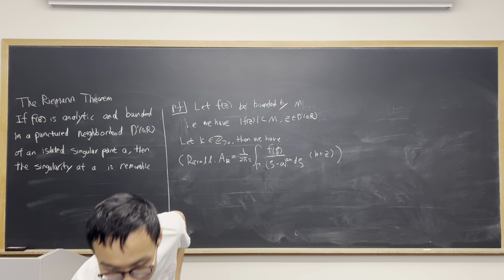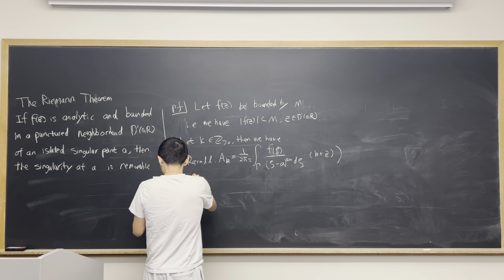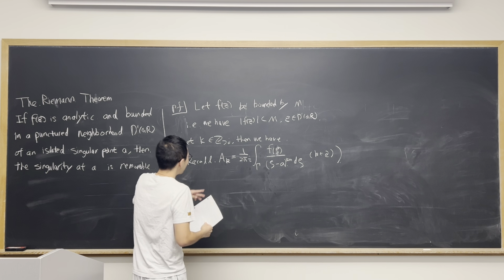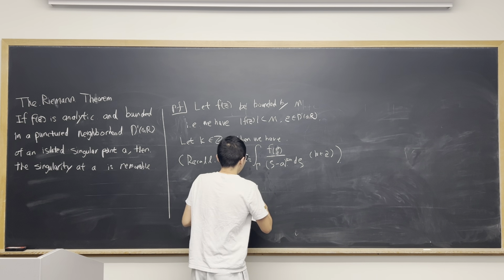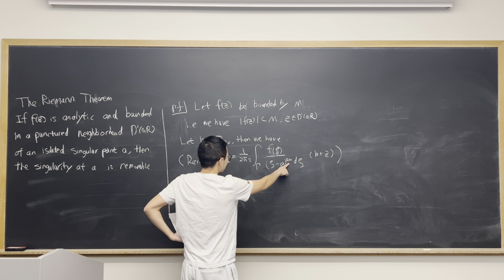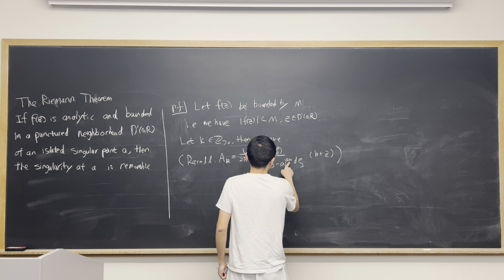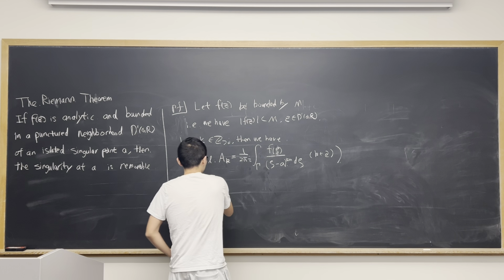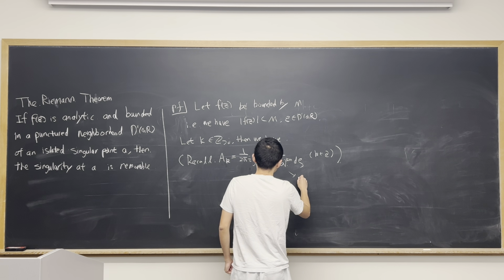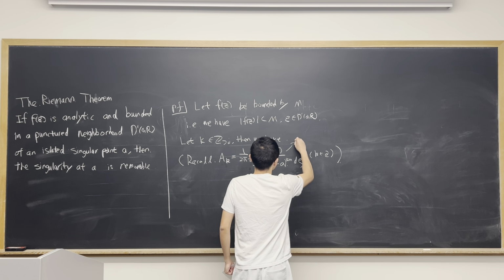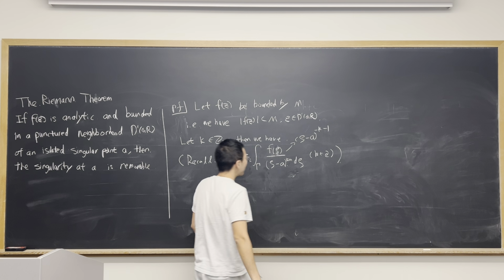So in this case, if k is negative, then this is like the minus 1 power, right?